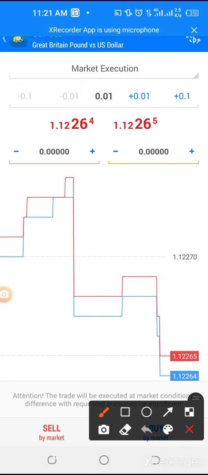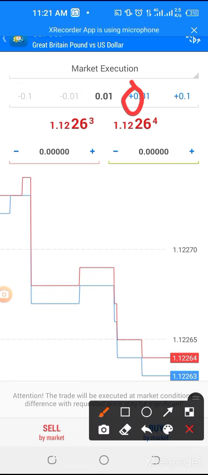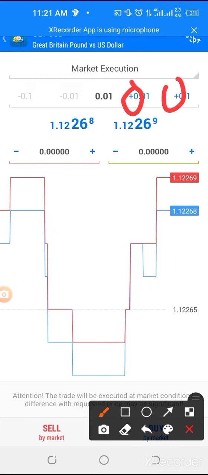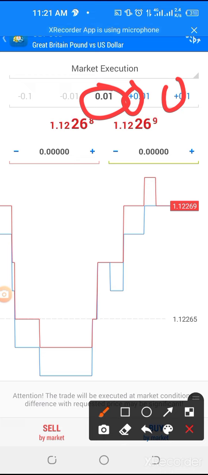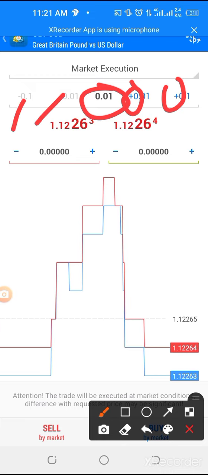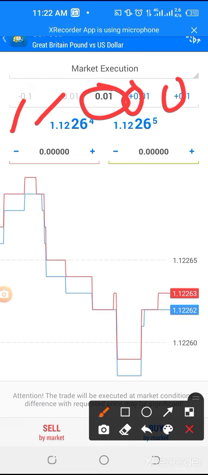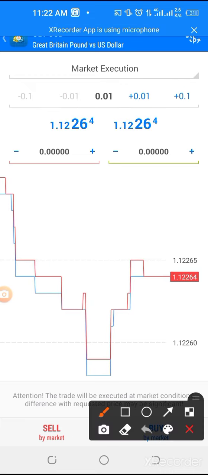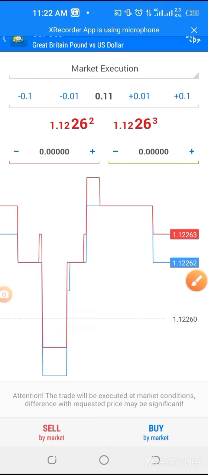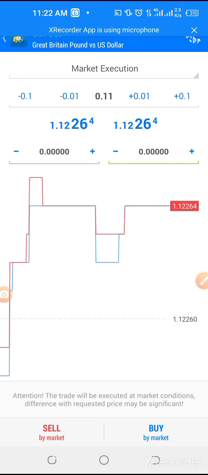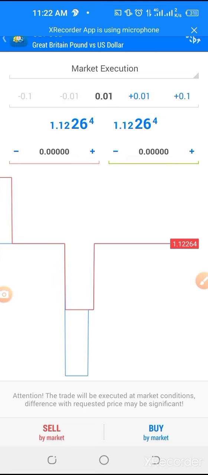So if I click on this plus here, I will be adding the volume. Since this is the least lot, this is inactive, because I can't reduce the lot size more than this. But the moment I increase the lot size, you see that this will become active. So you see, these are now active, telling me I can then decide to increase the lot size.